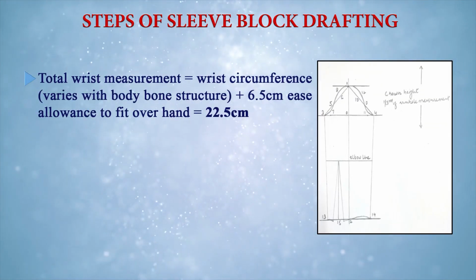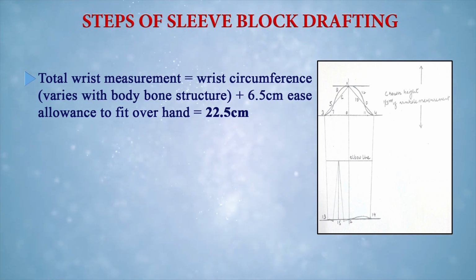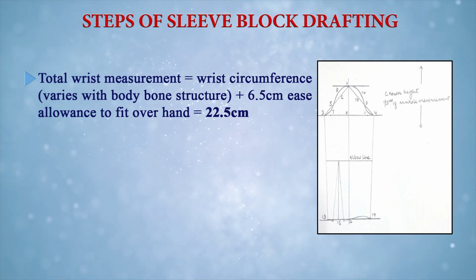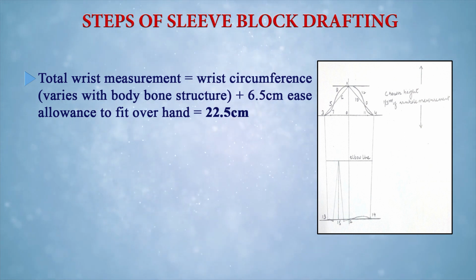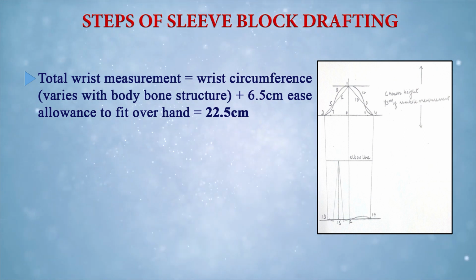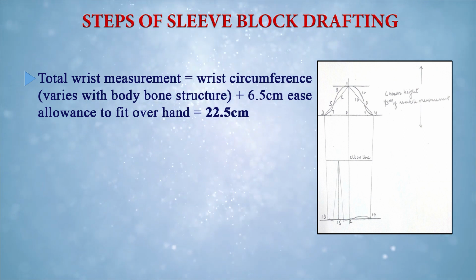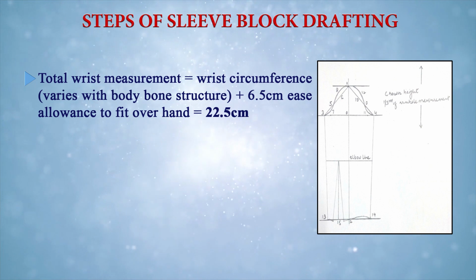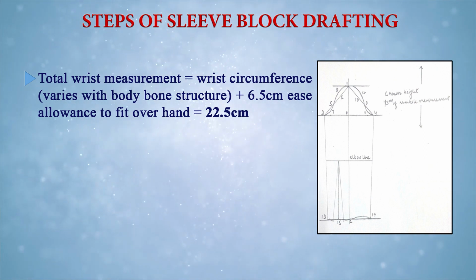The total wrist measurement is equal to wrist circumference, which varies according to body bone structure. Then we add 6.5 centimeter of ease or seam allowance to fit the overhand, and the total amount we will be taking for creating a basic sleeve will be 22.5 centimeter.